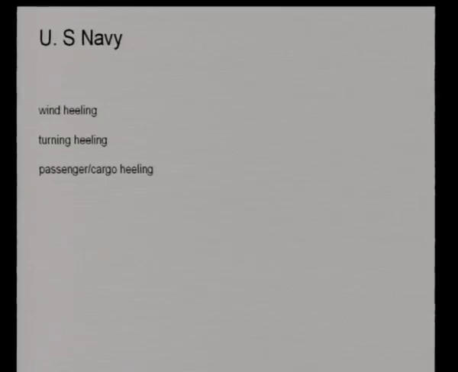And the basic rule for wind we have already given. I have already explained how the wind heeling is handled, with lambda 0 and 1.5 lambda 0, and how we assume that the whole energy has gone into the ship, how long the ship will continue heeling with that energy input, and how much further it will heel. I have already discussed that. And for turning, I have mentioned the basic formula of turning heel also, and some passenger heeling we will take a look at now.